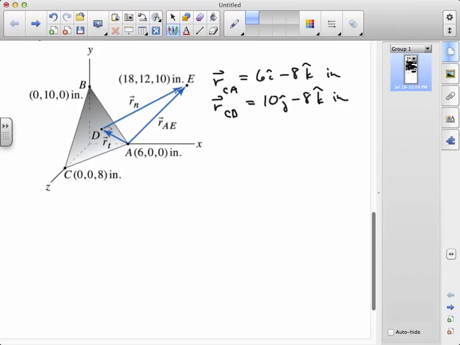We also have three relative position vectors of interest from the plate to point E. We have RAE is equal to 12I plus 12J plus 10K inches.